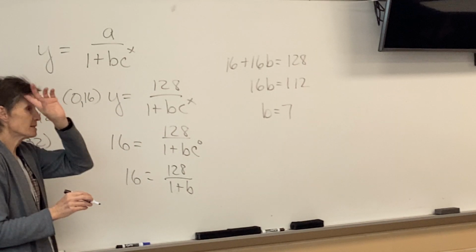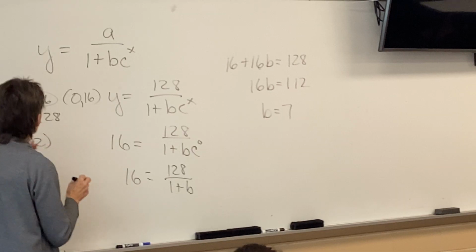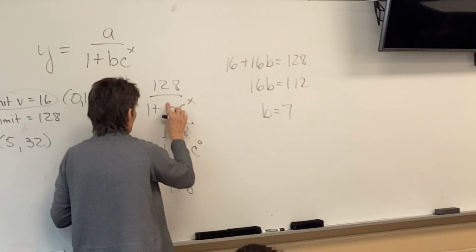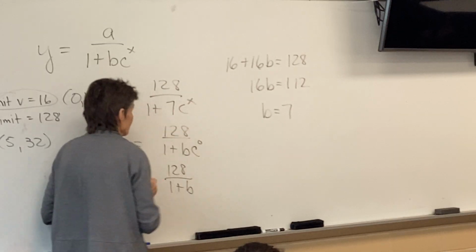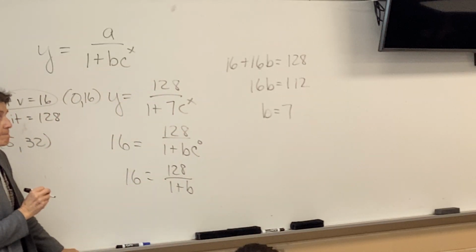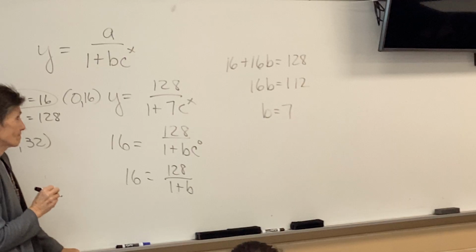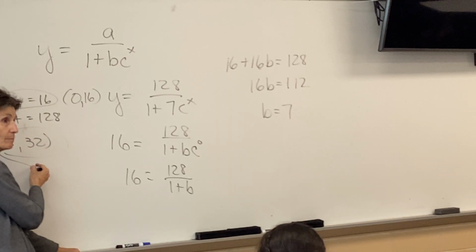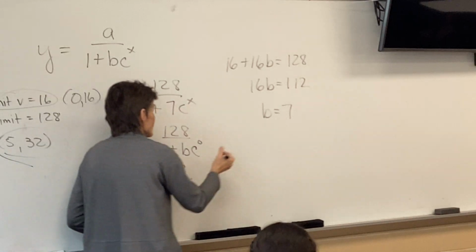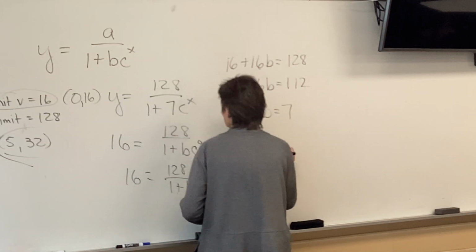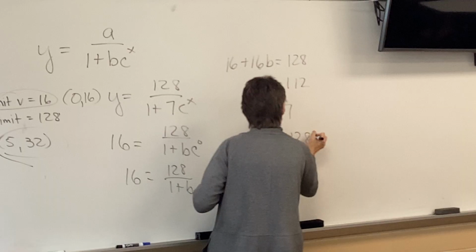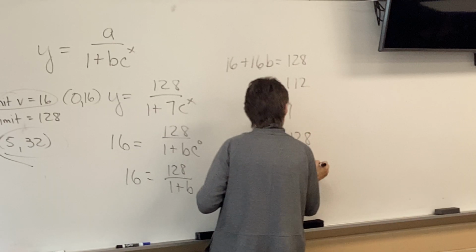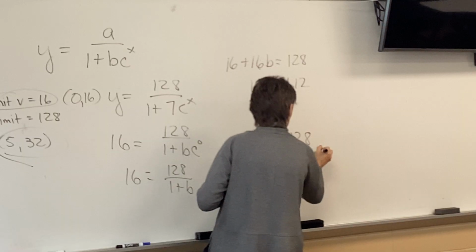You still with me, guys? So where's my equation? B is 7. So I know A is 128. Now I know B is 7. All right, one more step, and that's to plug this guy in. So 32 equals 128 over 1 plus 7C to the 5th.